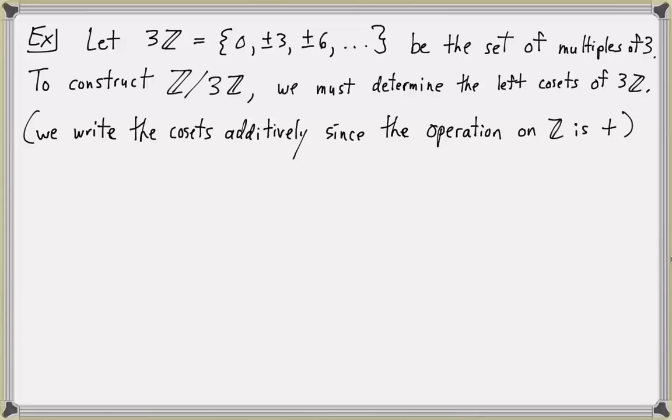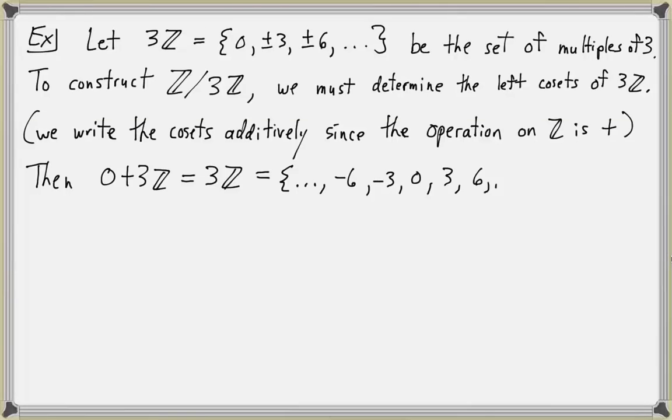So then consider the following three left cosets of 3Z. 0 plus 3Z, which is just 3Z, would be the set of all multiples of 3. So negative 6, negative 3, 0, 3, 6, and so on.